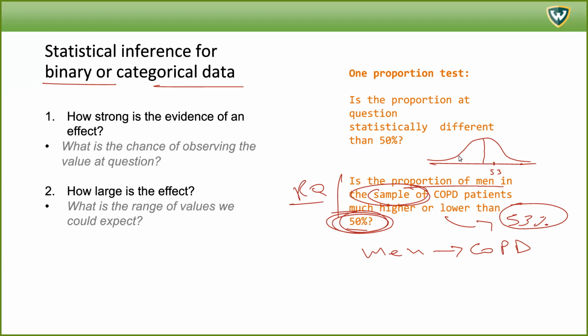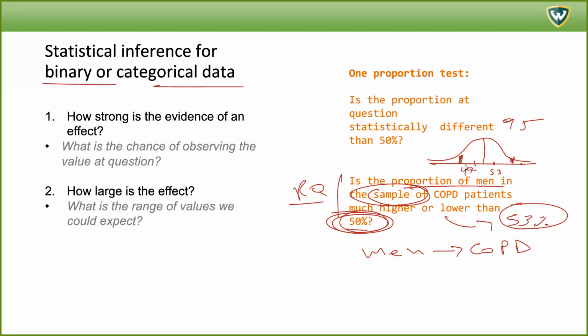And we can say that within, let's say, 95% confidence, the proportion of COPD patients that are men is going to be between, maybe 47 and 53, let's say, for example.